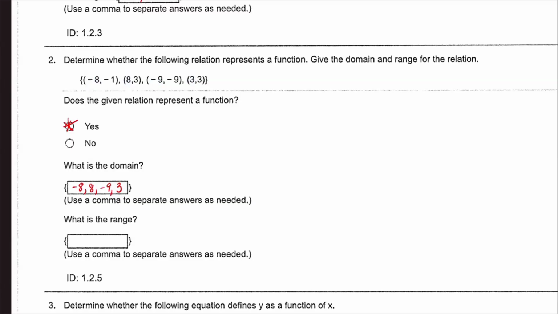Okay, so here that would be -1, 3, -9, and 3, but we're only going to write the 3 one time. So that would be -1, 3, -9, and the order does not matter when you're entering these values into your set, but you must separate the values with commas.